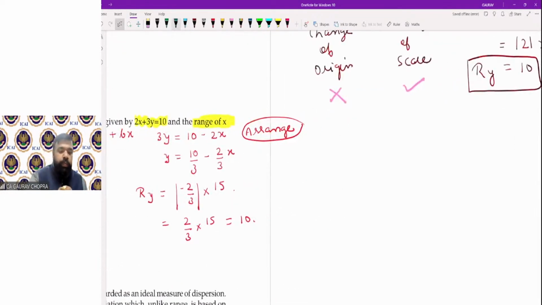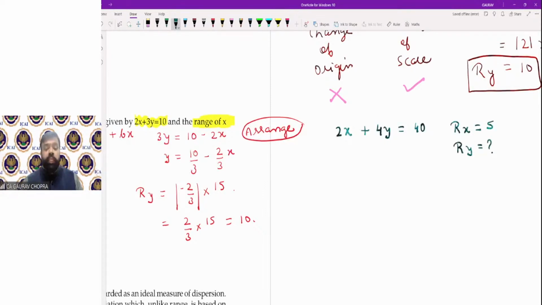Let's take one more example. 2x plus 4y is equal to 40. Range of x is 5. Find out the range of y. Okay, so arrange the equation. 4y is equal to 40 minus 2x.